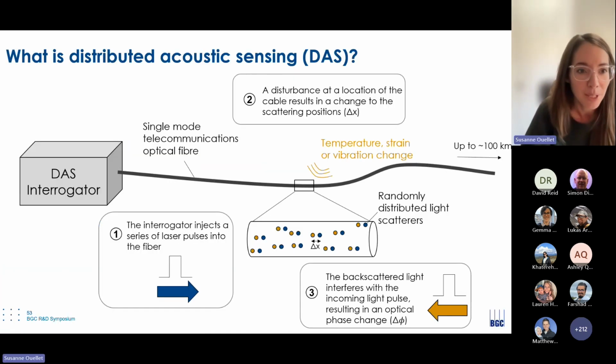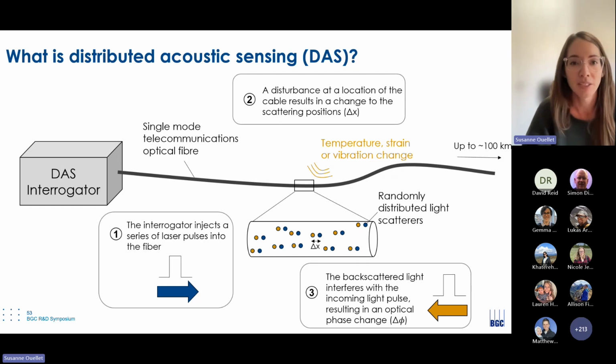And so I want to give a little bit of an overview of the technology itself. This is just a basic slide to show you the main components. DAS is a type of distributed fiber optic sensing. There's two main components: the interrogator unit, and the fiber optic cable. The interrogator is injecting a series of laser pulses into the fiber.